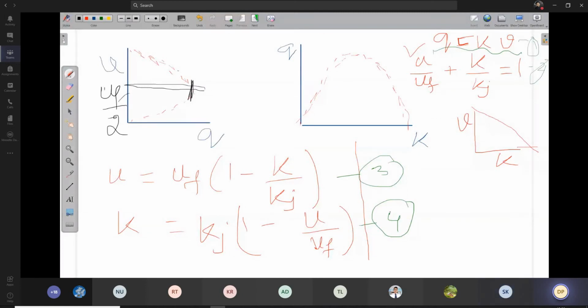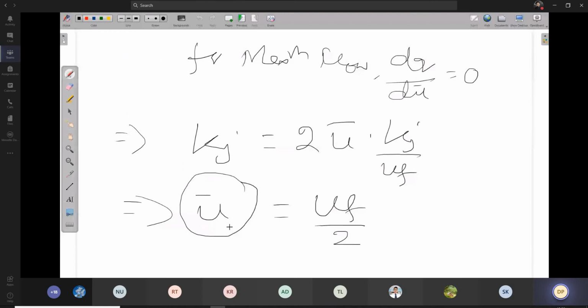Flow is maximum when u is uf by 2, or flow is maximum when k is kj by 2. So from here also we can see that flow is maximum when u is equal to uf by 2.